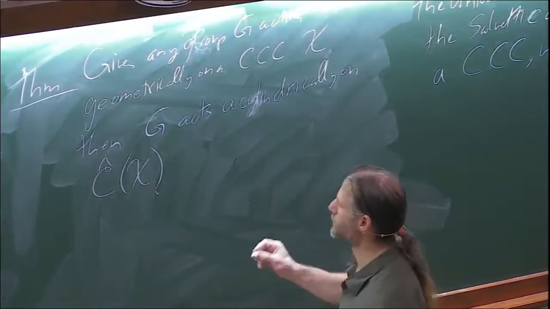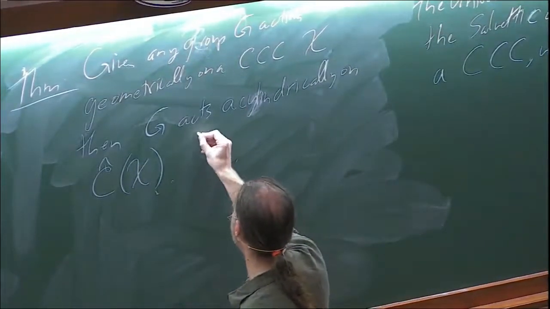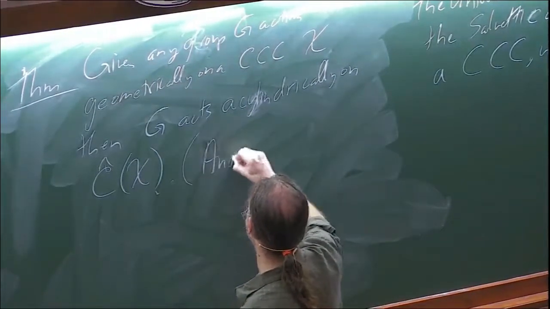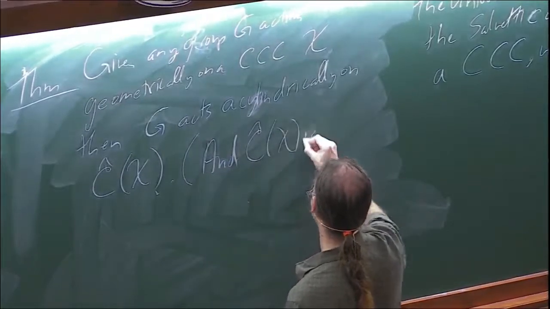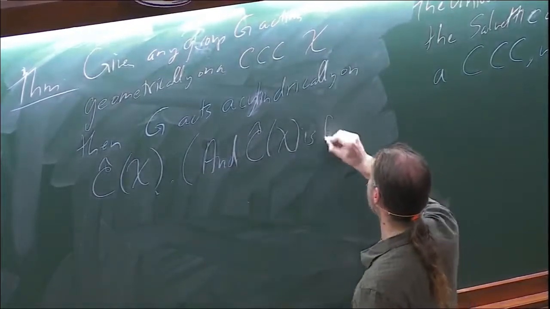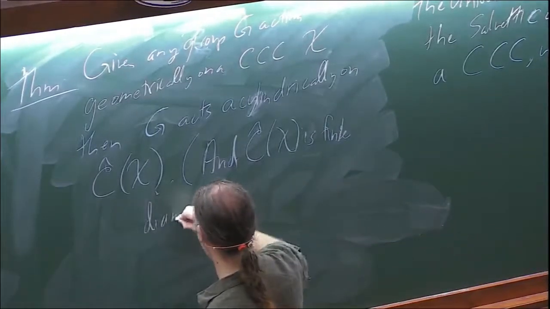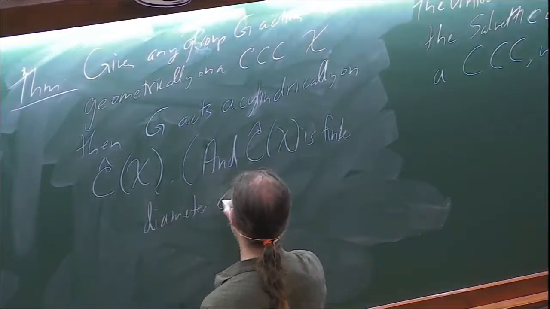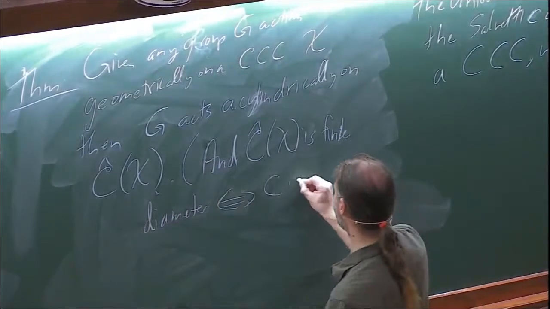And moreover, sometimes this may be bounded diameter, so parenthetically, C-hat of X is finite diameter if and only if G is a direct product.